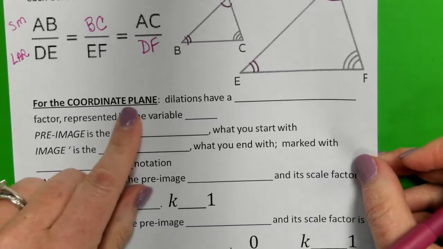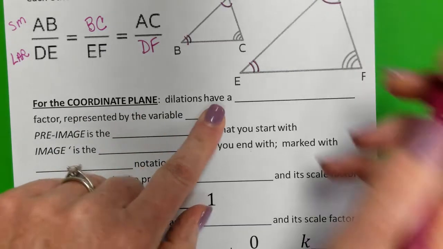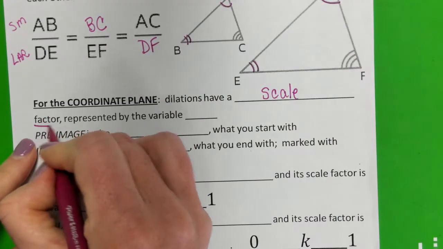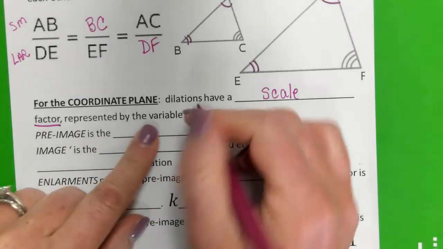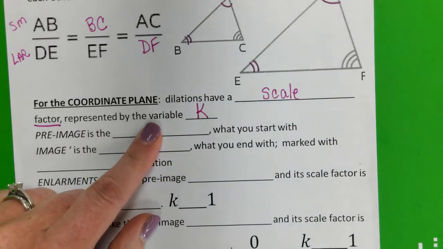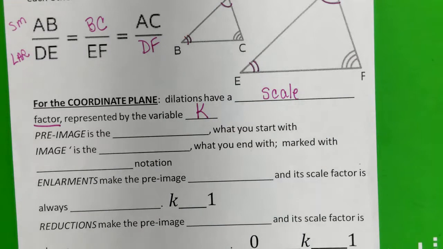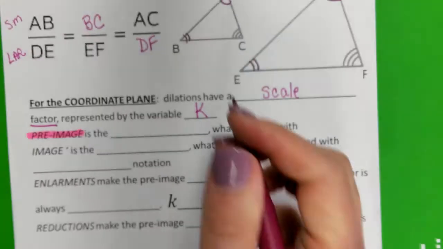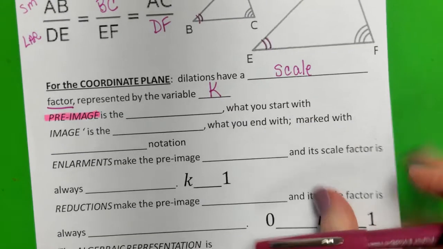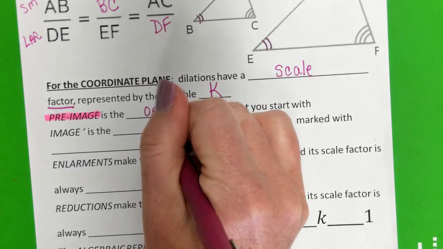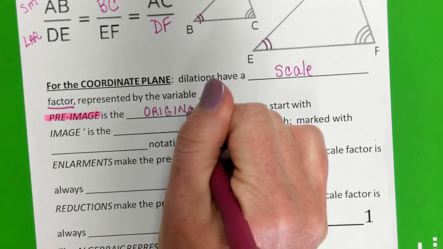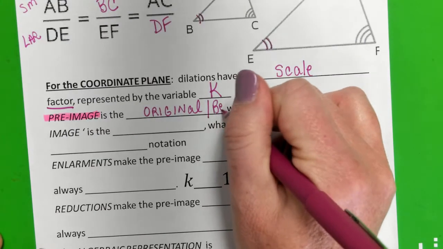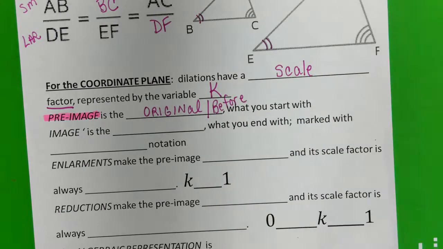When we're looking at the coordinate plane, remember dilations have a scale factor, represented by the variable k. Also really important, we talked about the pre-image. The pre-image is the original, or the before, our original image or our starting image.